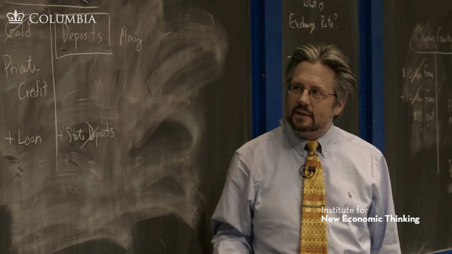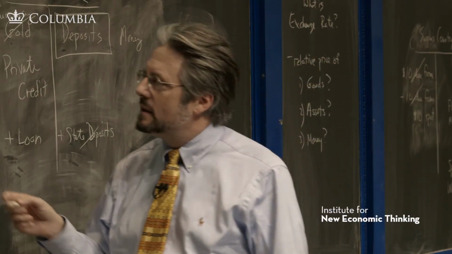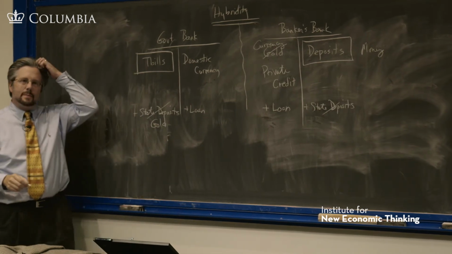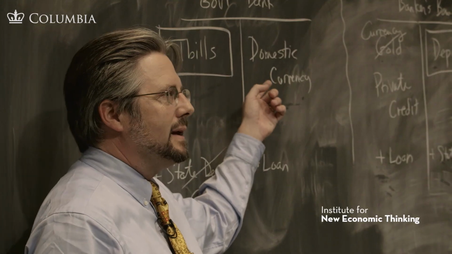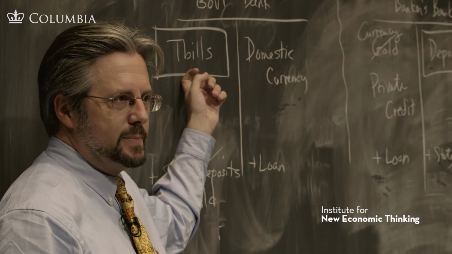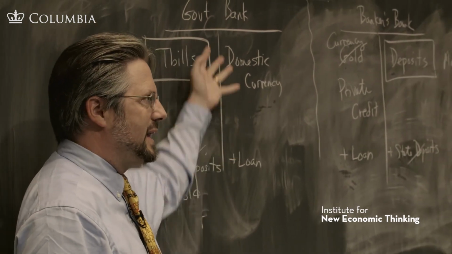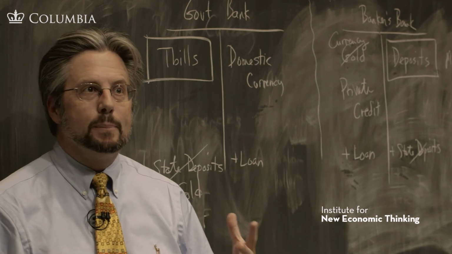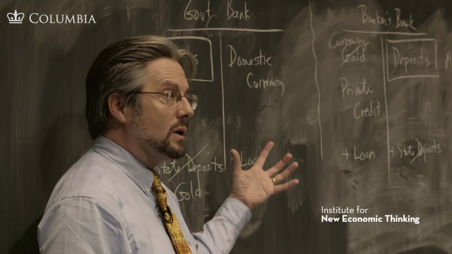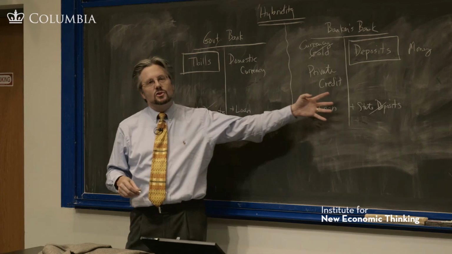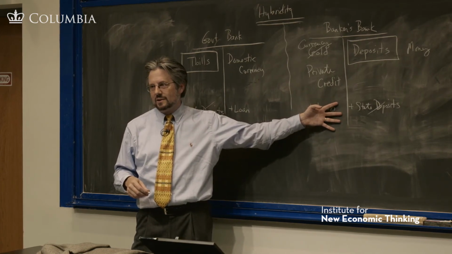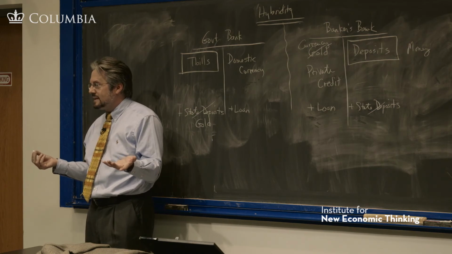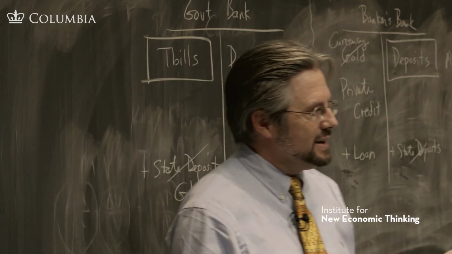And the private market said, well, if treasury bills are a promise to pay money, we're going to like treasury bills. You can borrow more. The ability of governments to borrow in capital markets to fund their operations is a lot more when they're tied in to the banker's bank situation than when they're just funding themselves by printing money. A government that is funding itself by printing money can't fund very much.